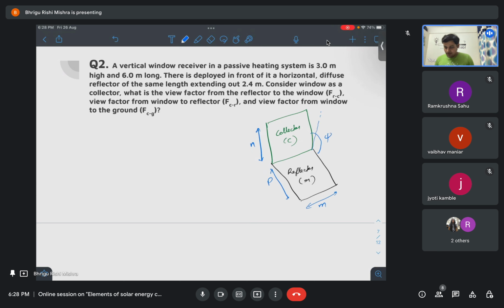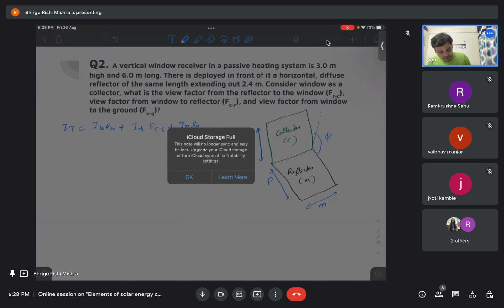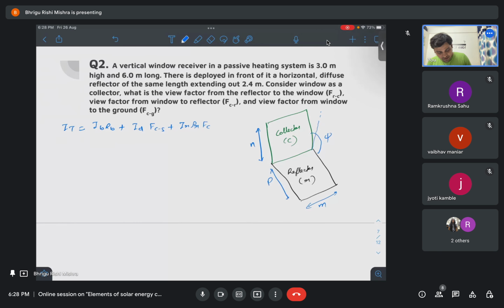In that case the total radiation received by the collector is nothing but IB RB plus ID FCS plus IR rho R FCR plus I rho G FCG.